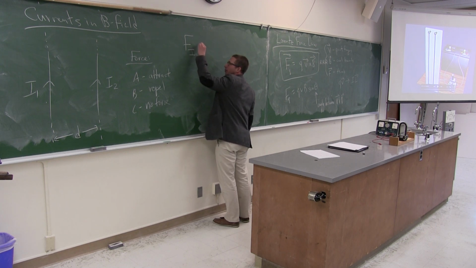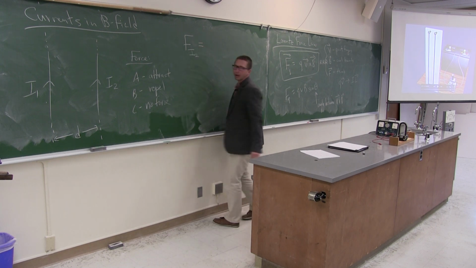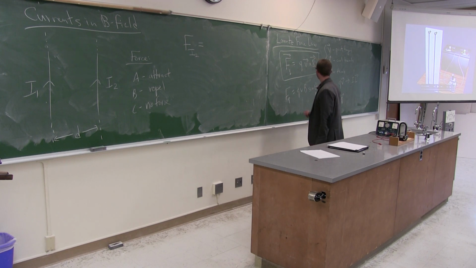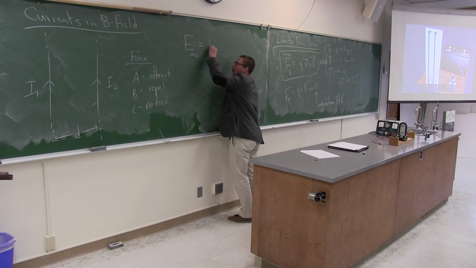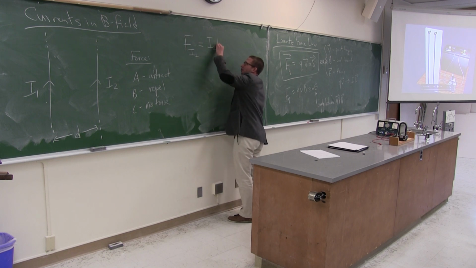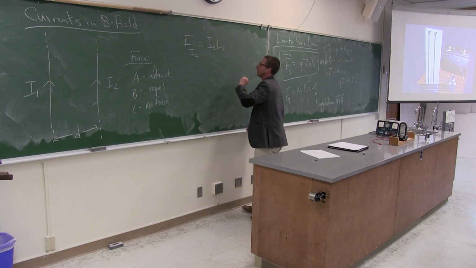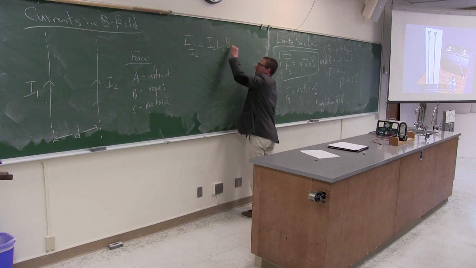The force on wire number 2, and I'm just going to write the magnitude here, is going to be the current through wire 2, I2, times the length of wire 2, times the magnetic field due to wire 1.